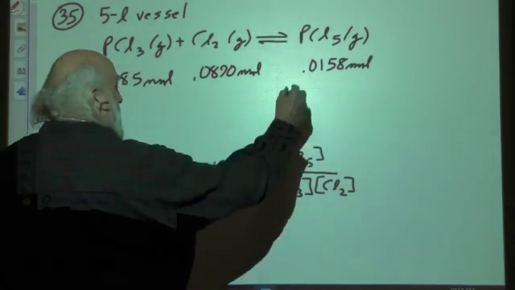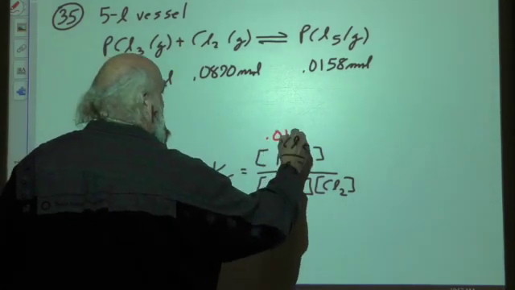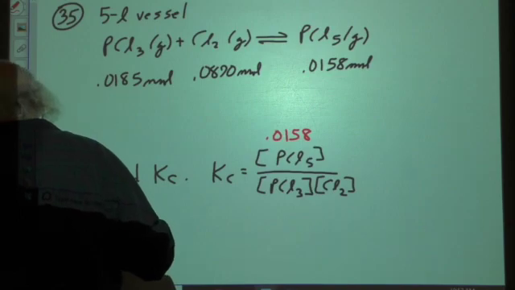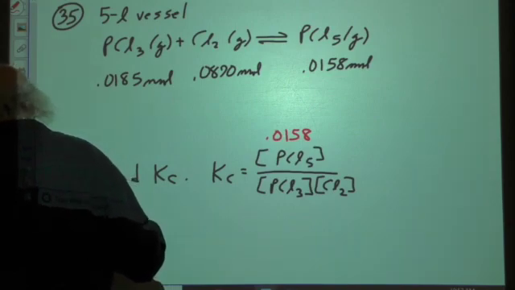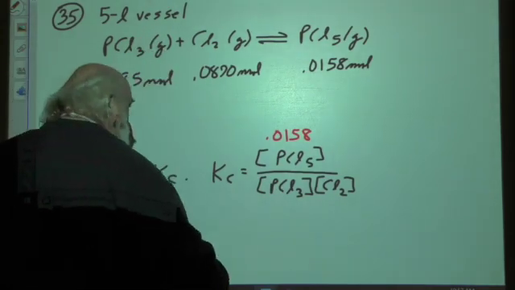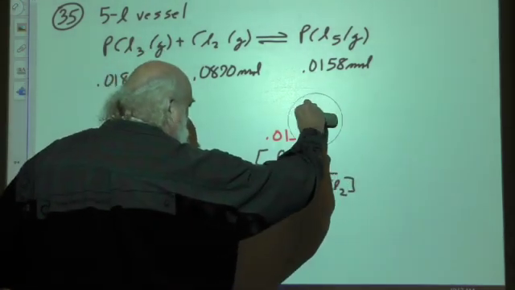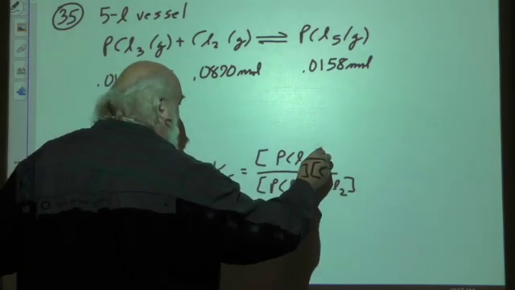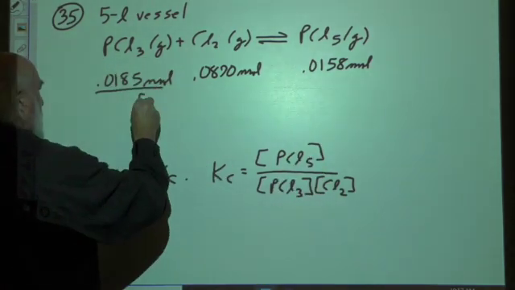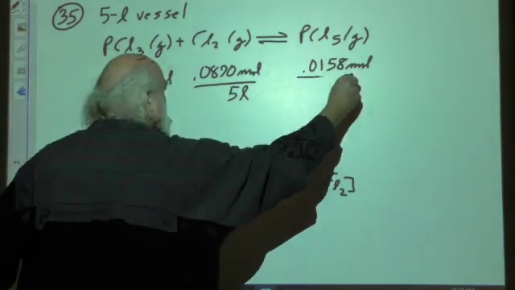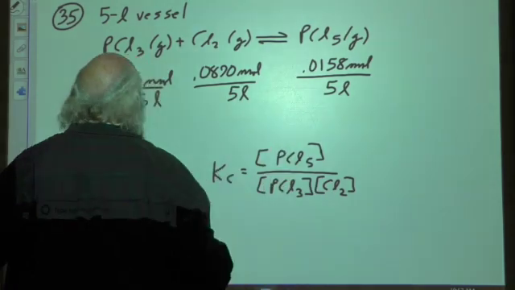So PCl5 is 0.0158. Oh, and this is in a 5-liter vessel, my mistake here. So we've got one extra step. This is supposed to be moles per liter, and that's just moles. So we're going to divide both of these by 5 liters. So we end up with moles per liter for our label, which is what we need.